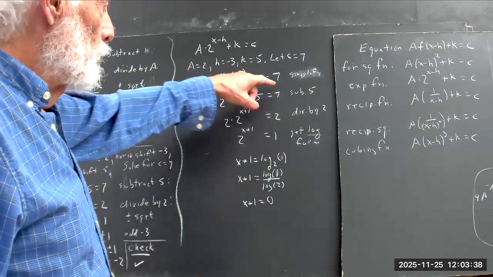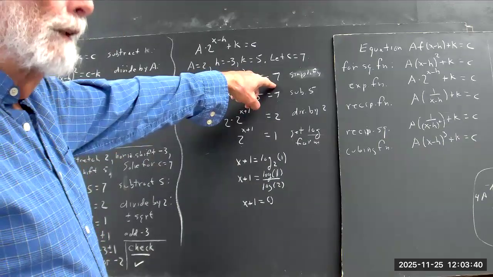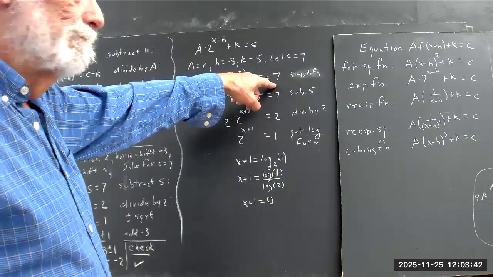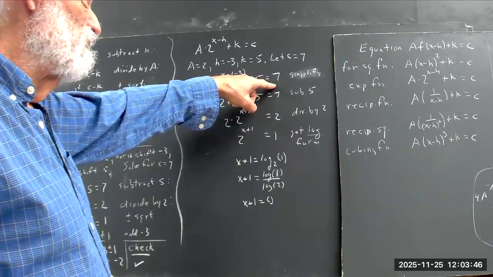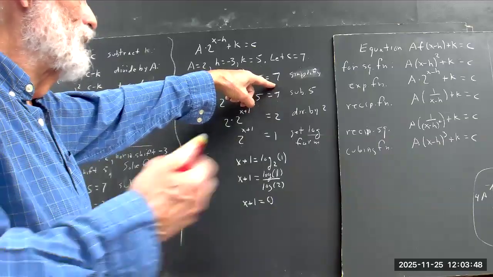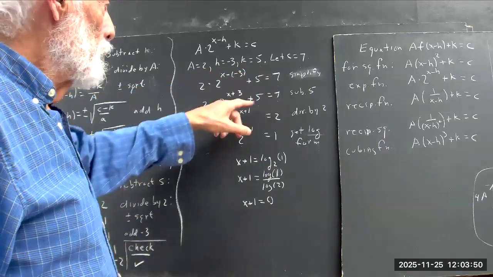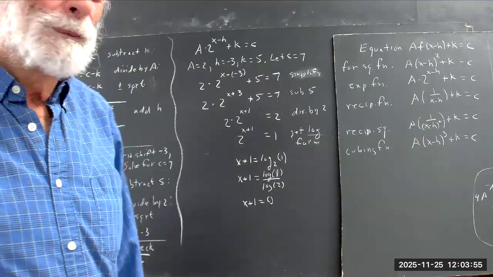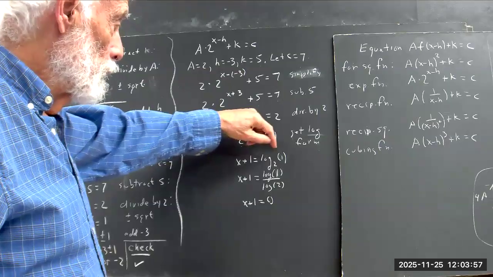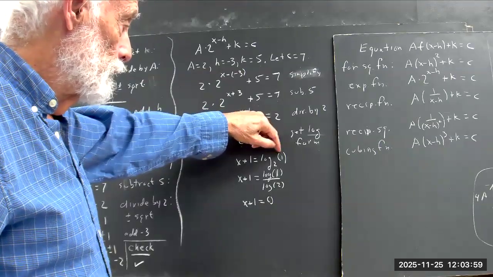Now, if the number here wasn't 7, let's say the number here was 10. When we subtract 5, we get a 3 here instead of a 1. Now we know what the log base 2 of 1 is. We know it's 0.